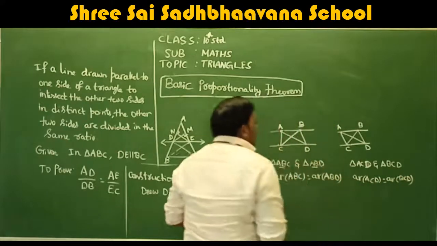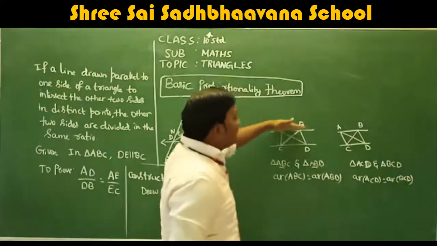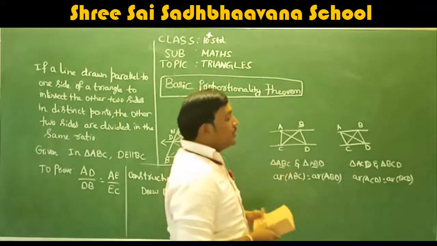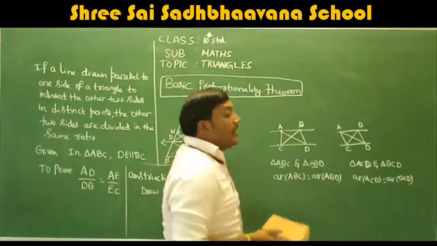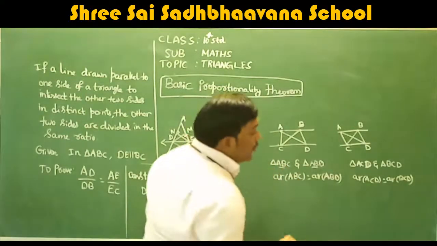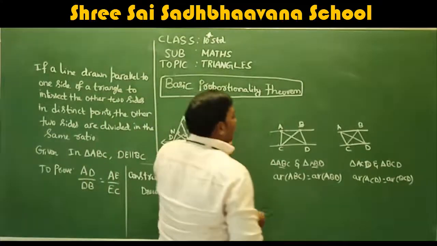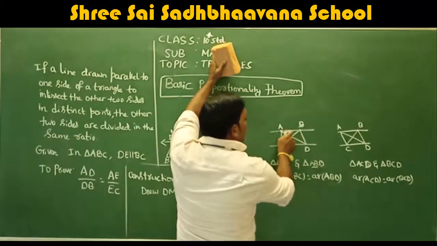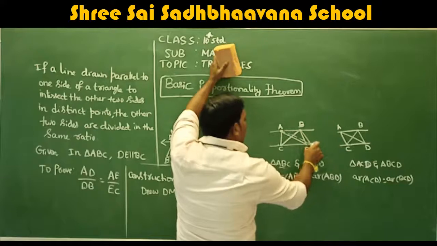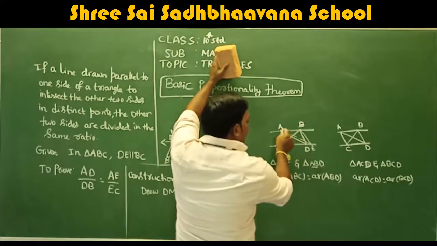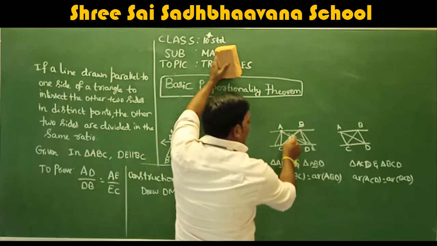Remember, you can take AB as a base. Either AB or CD is fine, but there should be one common base between both the triangles, and they should be between two parallel lines. And you can draw an infinite number of triangles between two parallel lines with the same base. See, you can take this as E and draw like this.